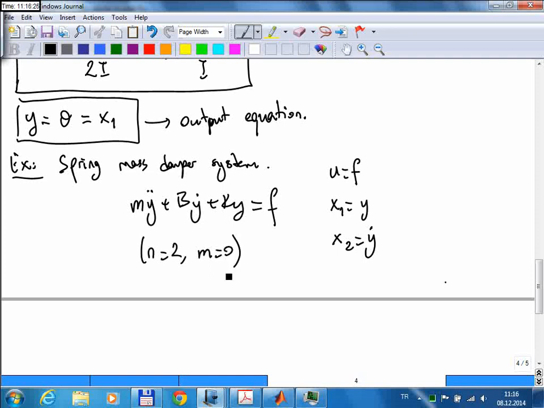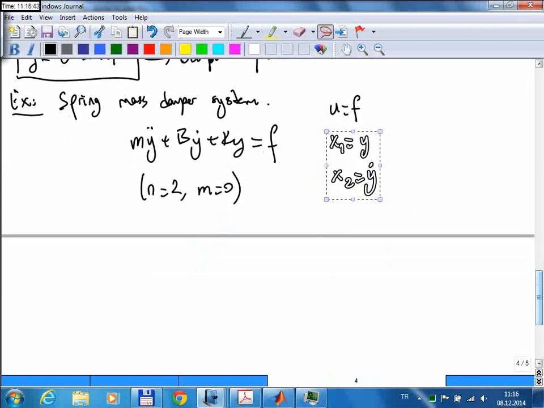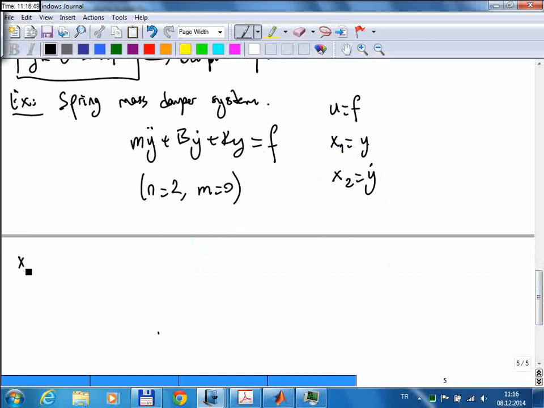So for the input, this is really obvious, the input is equal to f. The state variables, as I said before, this is the most natural way to choose them. I will directly write the equations, since these steps are very straightforward here. x1 dot is equal to x2.